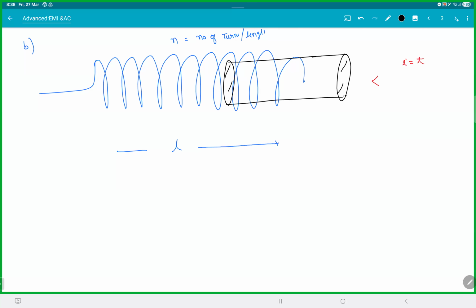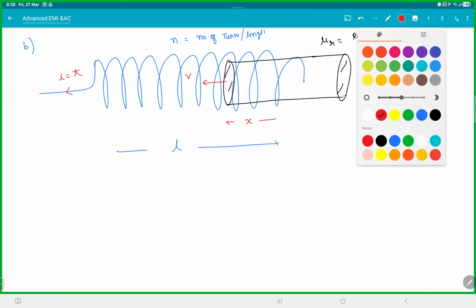The relative permeability is mu R. This is there in the class notes. It has gone x inside, and this thing is moving with a speed v.